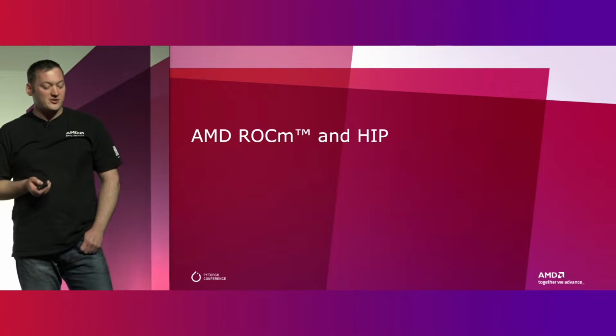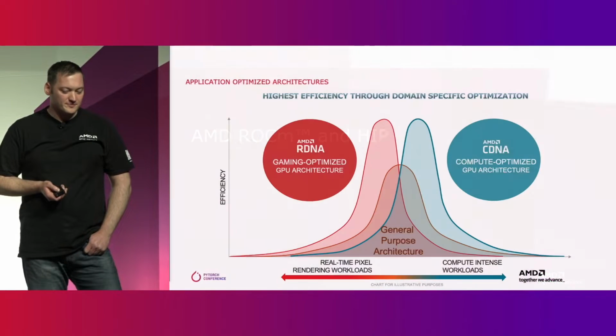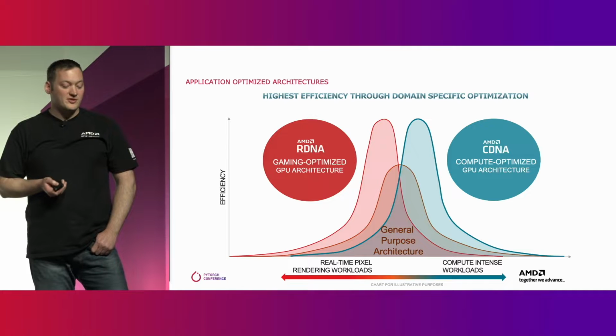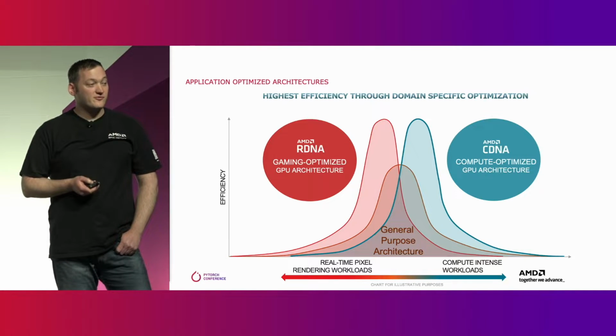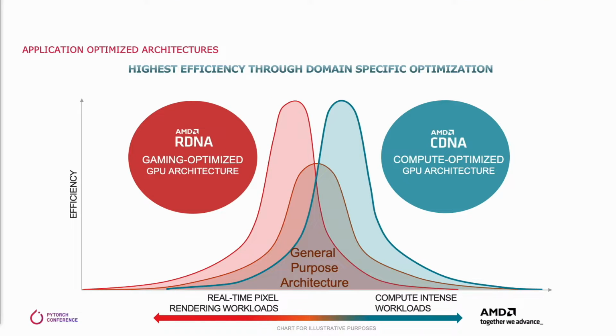So I'm going to start by introducing the AMD ROCm software stack, but I really need to talk about our GPUs first. AMD builds high-performance computing solutions for a broad range of use cases, from PC gamers to data center platforms. While traditional GPUs have been built to be general purpose in nature, designed to drive both graphics-oriented as well as compute-oriented workloads, AMD recently introduced a different approach to fuel even higher efficiencies.